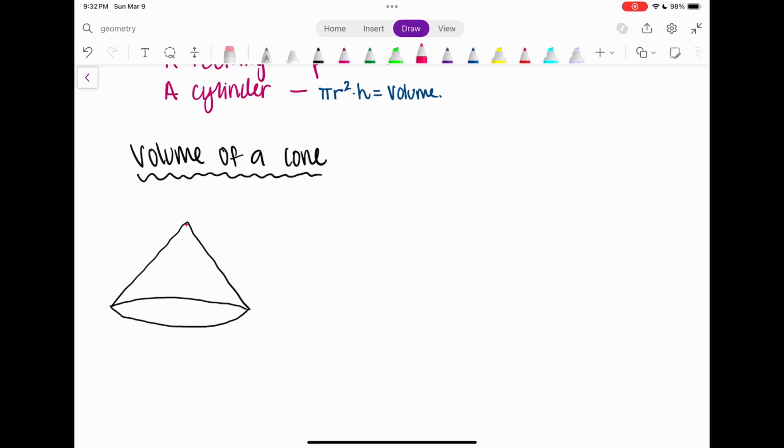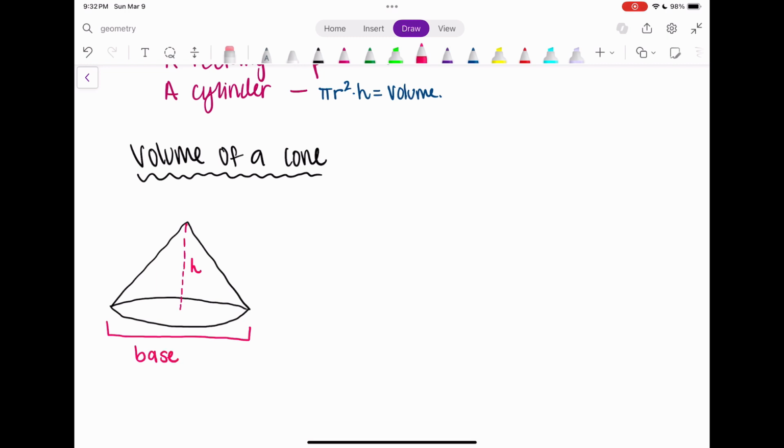I'm going to draw a dotted line from the top all the way down to the center of the circle of my base, and I'm going to name it H. I also know that the very bottom part of my cone is my base.